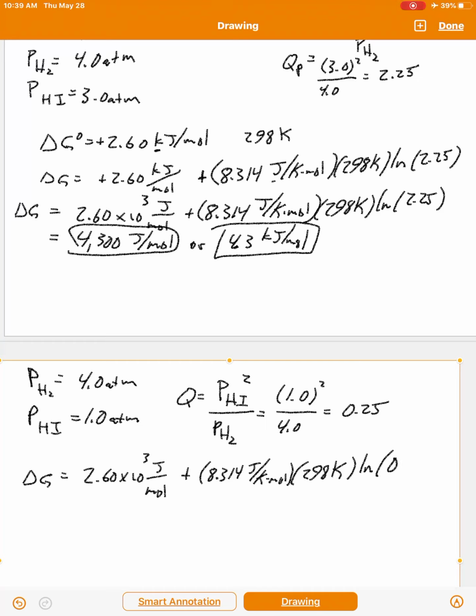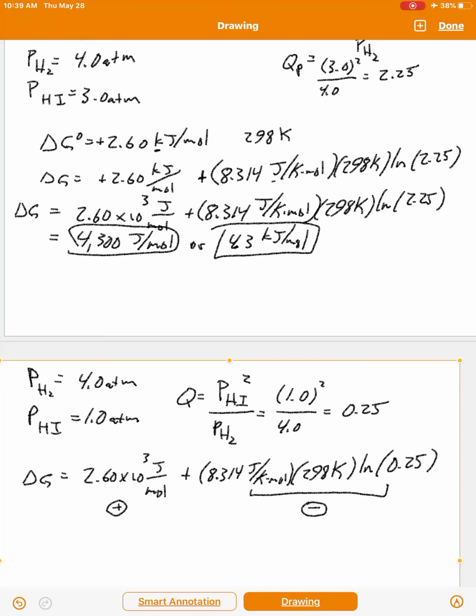ln of 0.25. And what's interesting about this is when you take the natural log of 0.25, you get a negative number. It's less than 1. So this term here becomes negative. This term here is positive. So what happens is interesting.